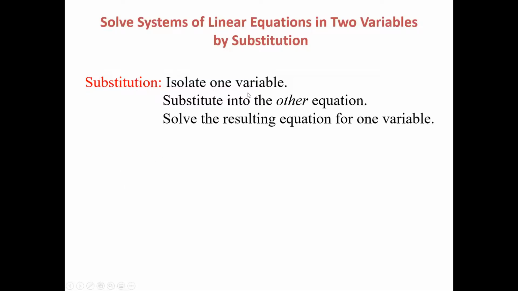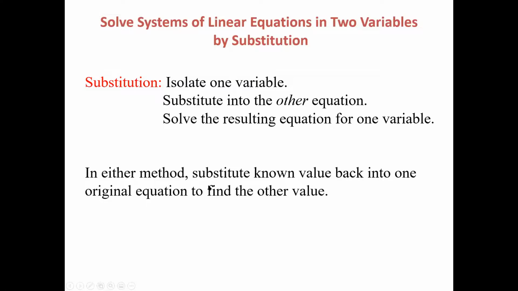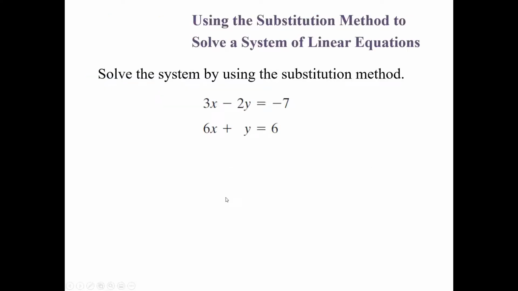Okay, here are the rules for substitution. Isolate one variable in one equation, substitute into the other equation, and solve for the first variable. Then we sub back to get the second variable. So here, let's go through this. We're going to pick one of these to isolate a variable.